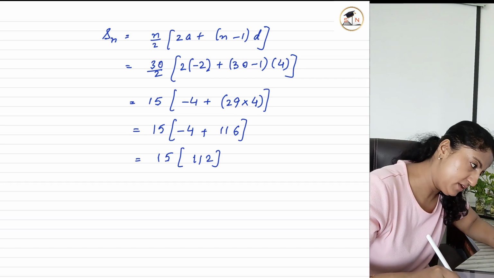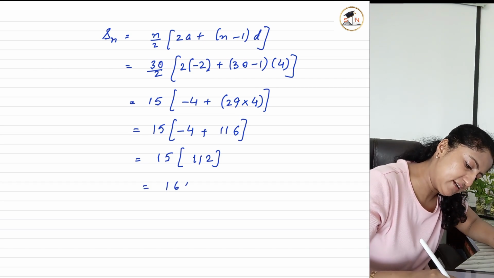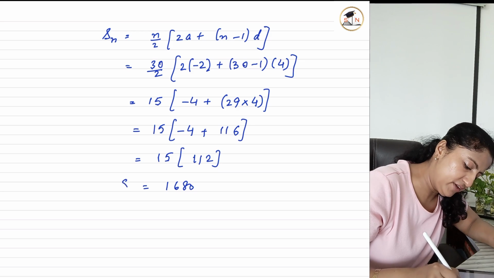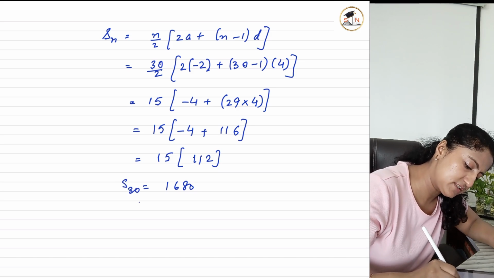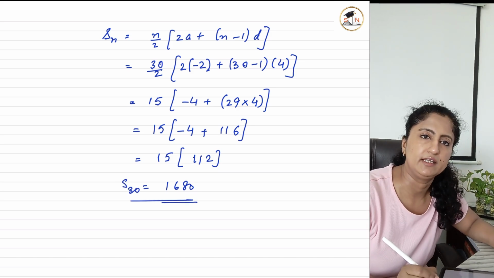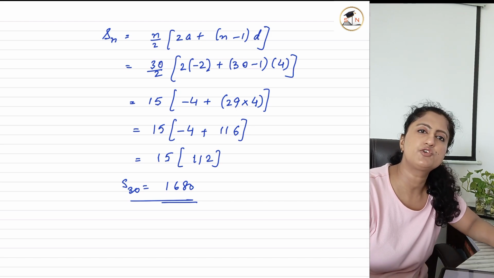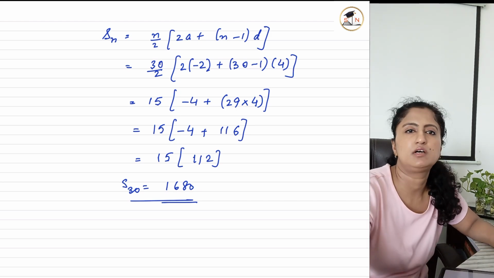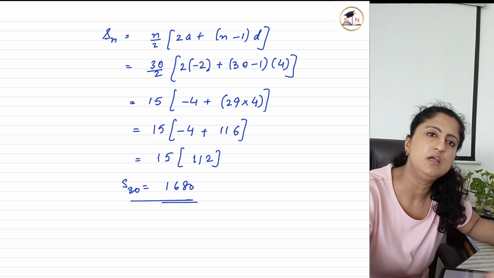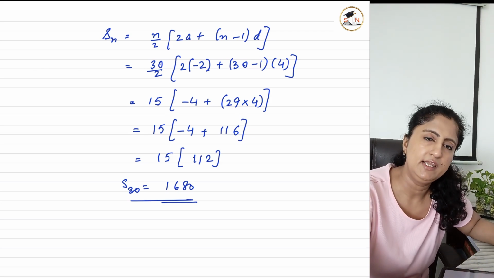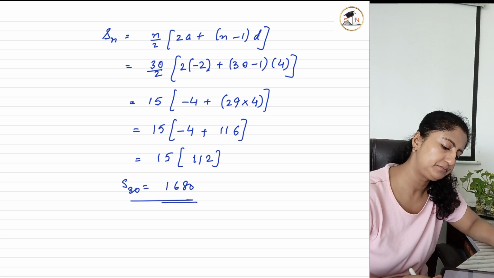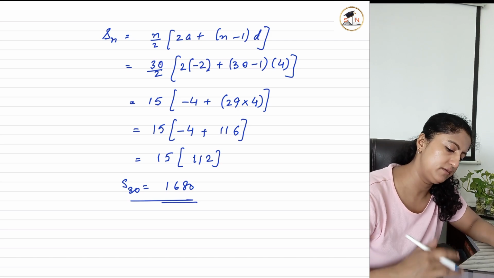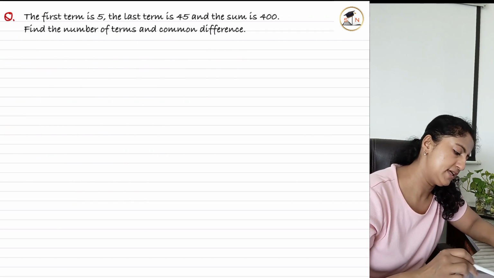And that comes out to be 1680. So therefore, we got our S30, that is sum of first 30 terms, as 1680. Okay. This question is kind of a 3-marker where you first found the value of A, D, and then Sn.